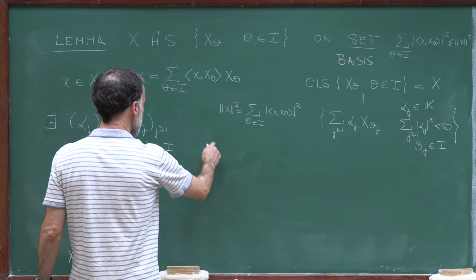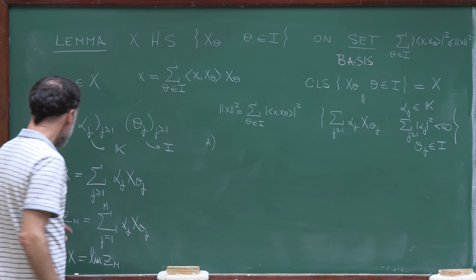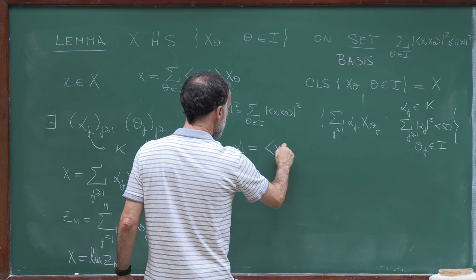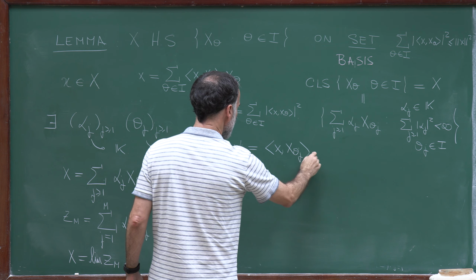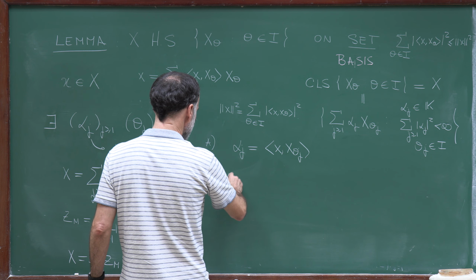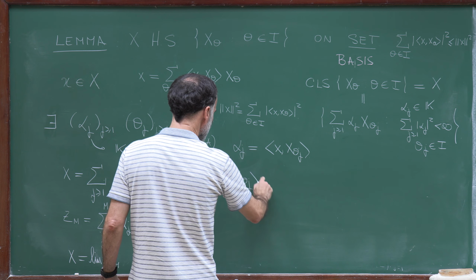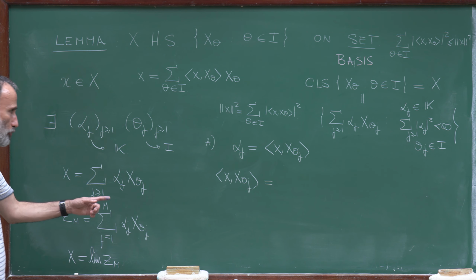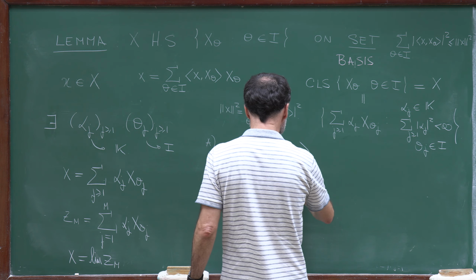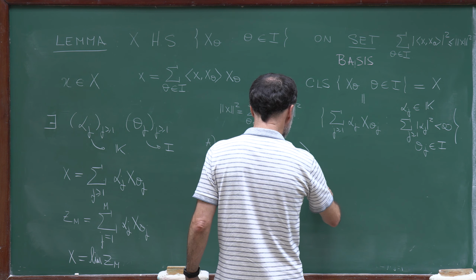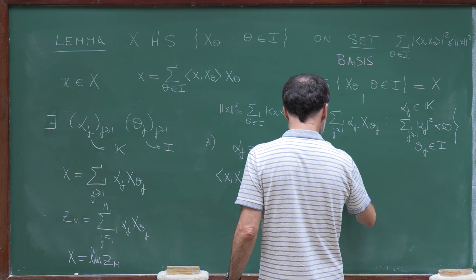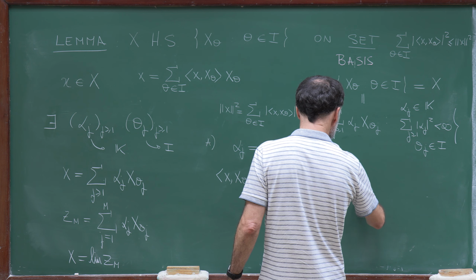So we know that not only these alpha j's belong to k, but the sum of the squares is finite. Now I first claim that alpha j is equal to the scalar product of x with x theta j. And why is that? Because the scalar product is continuous and x is the limit of Zm, the scalar product of x with x theta j is the limit in m of the scalar product of Zm with x theta j, but Zm is the sum from 1 to m of alpha k x theta k.